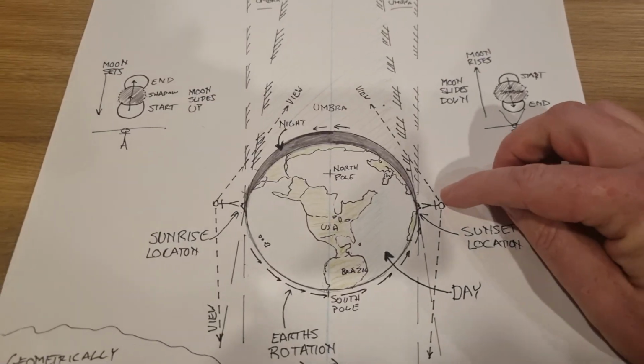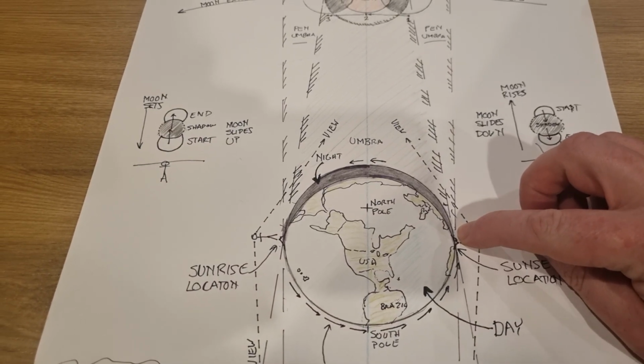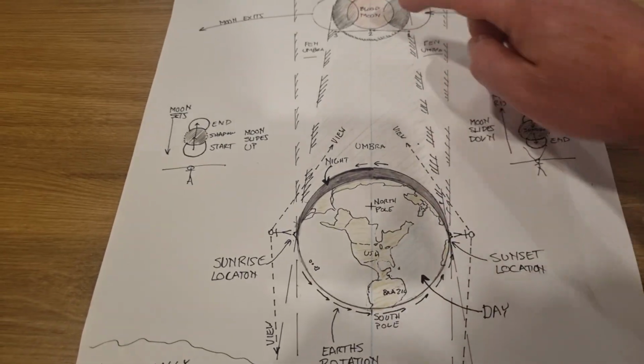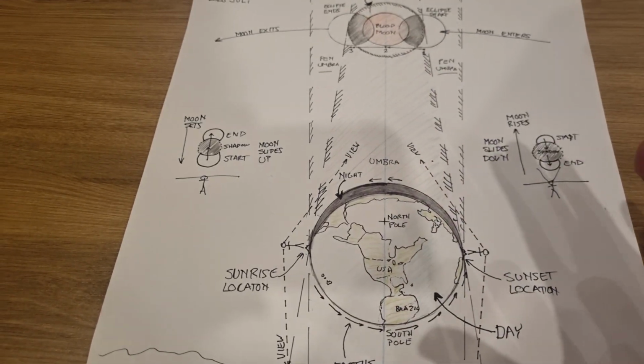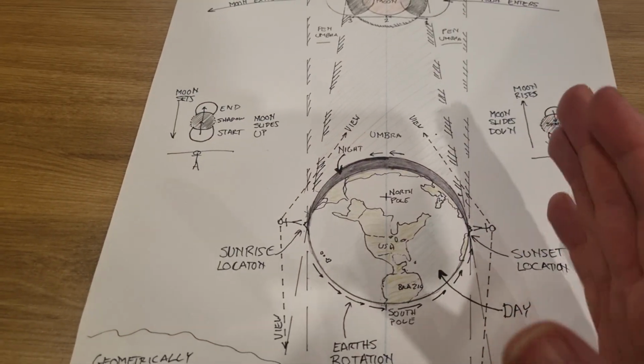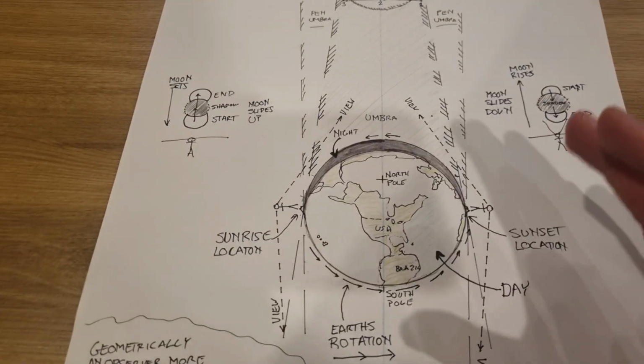Because if you're very, very close to the surface, down at sea level, it's obviously trickier to see both the sun and the moon in one hit. But with the way light bends, it does make it more possible, though still tricky.